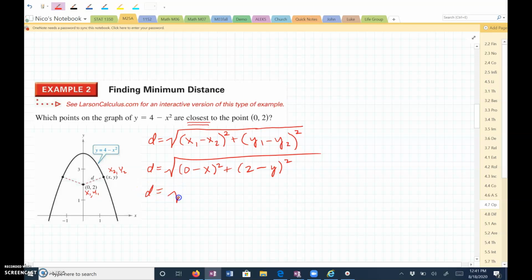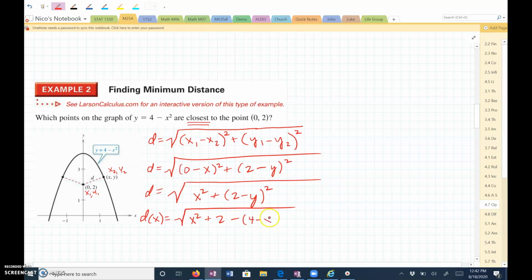Then let's see here. This is going to be x squared plus 2 minus y squared. And I can write this in terms of x. So I can make this d of x, make it a function. x squared plus 2 minus y, where y is 4 minus x squared, all that is squared.